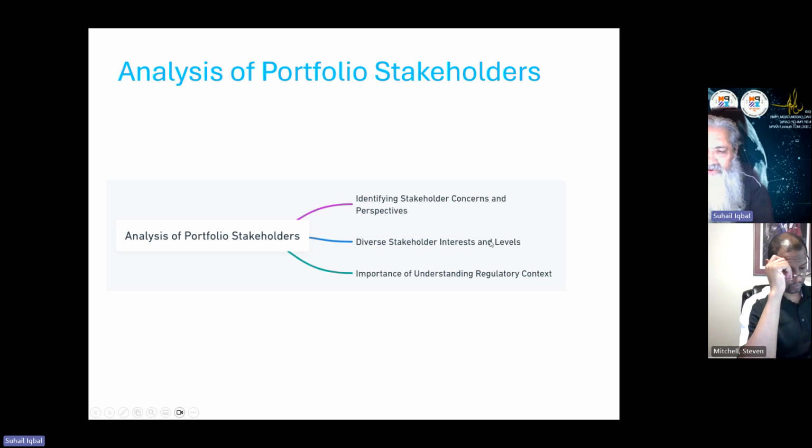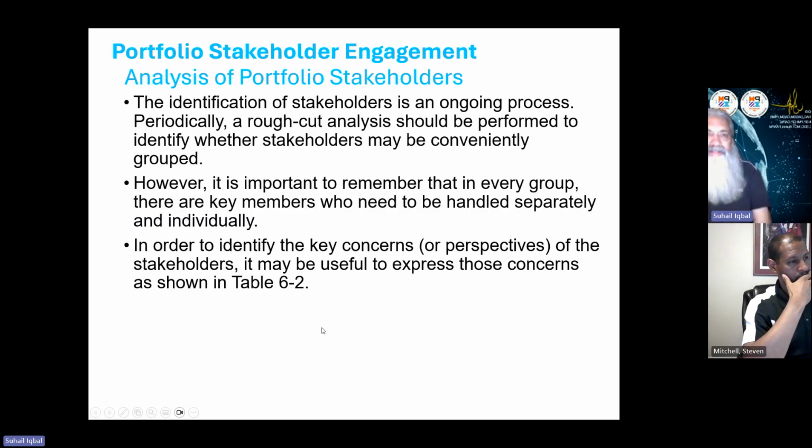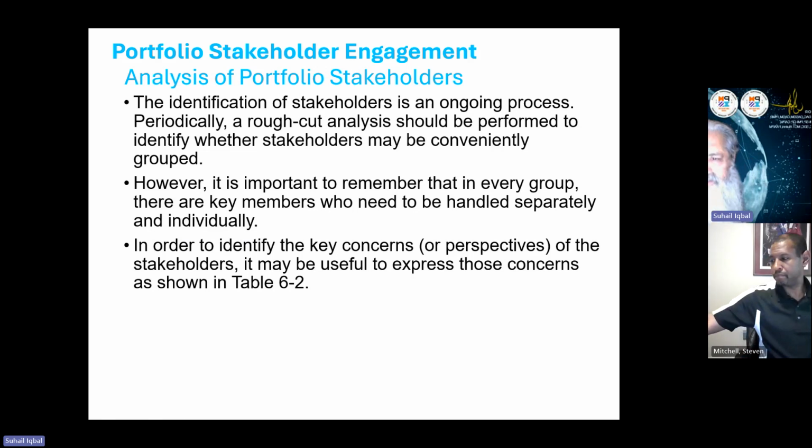Then diverse stakeholder interest and level. Importance of understanding regulatory content. Identification of stakeholders is an ongoing process. As I said, it should happen all the time.